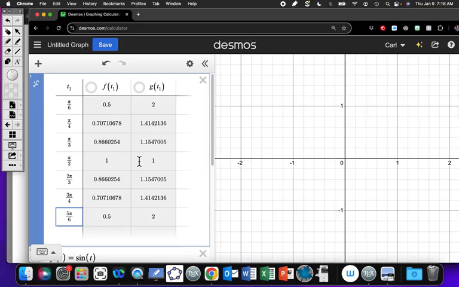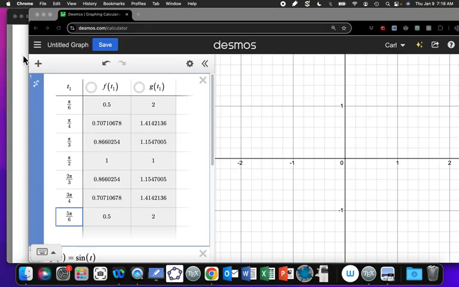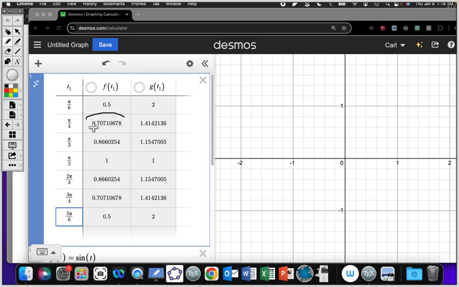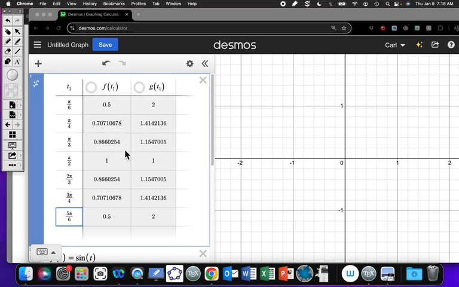And once again, we know what these numbers are. These are decimal approximations, but for example, we know that that's square root 2 over 2, and that's square root 2. We know that's square root 3 over 2, and this would be 2 square root 3 over 3, and so on down the line here.